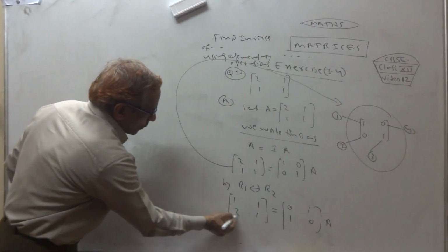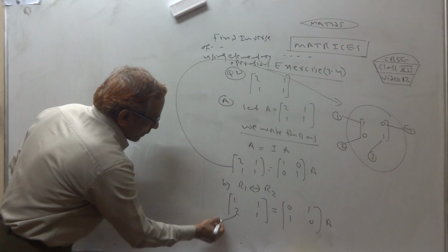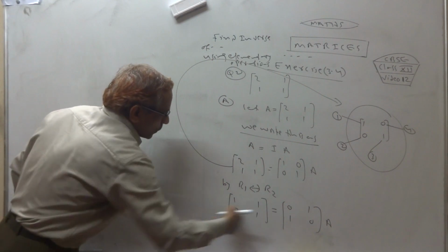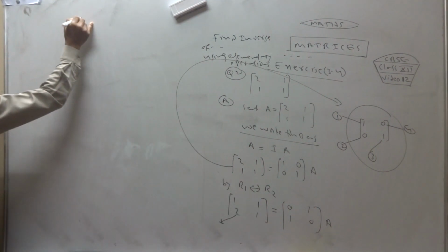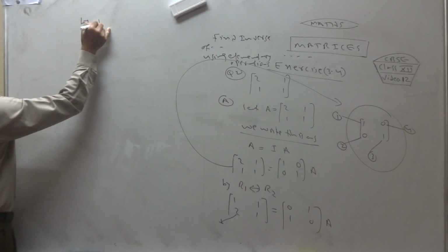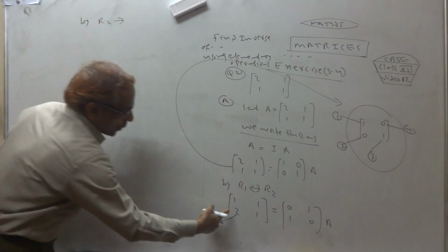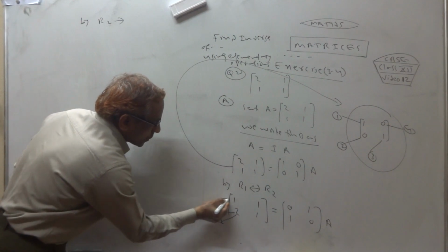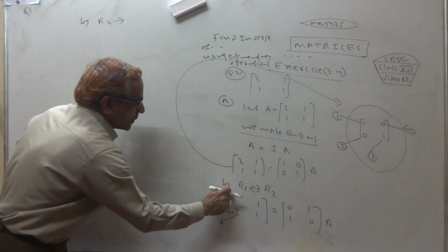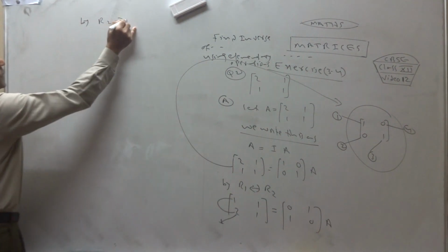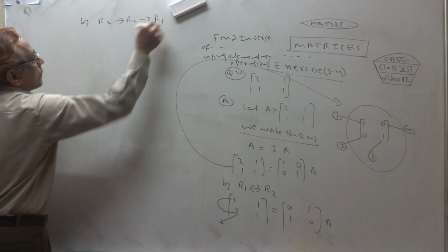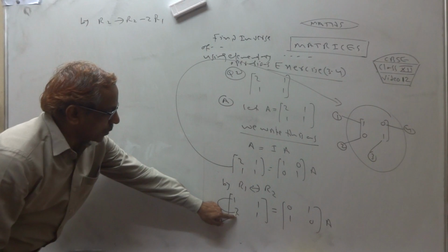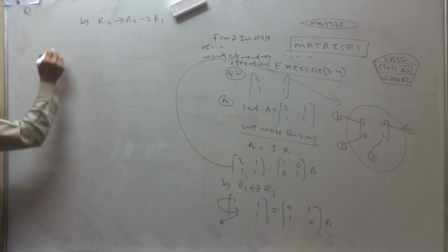Now you make this 0. How you get 0 here? I have to change R2, row 2. So please see. Now by this application, R2 gives, because I have to get 0 here, no? R2 minus 2R1, 2 minus 2 ones are 2, I get 0 here. So what we say this? R2 minus 2R1.